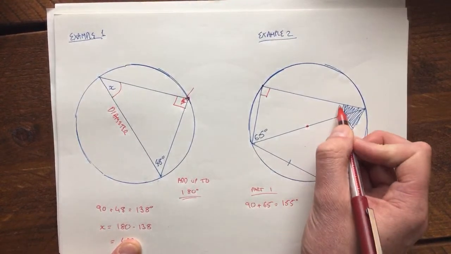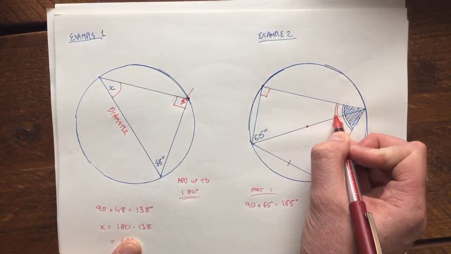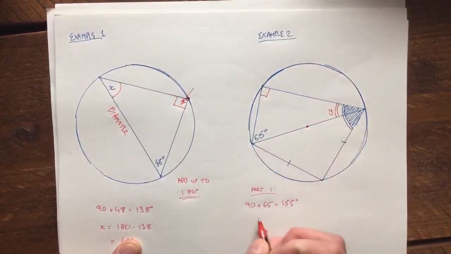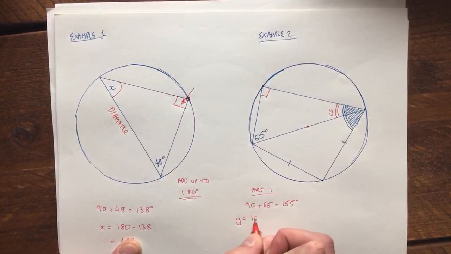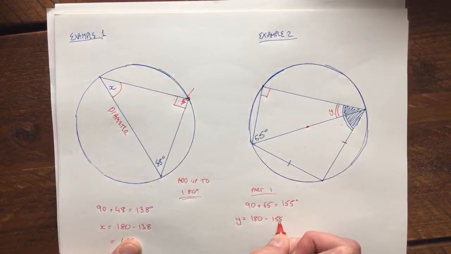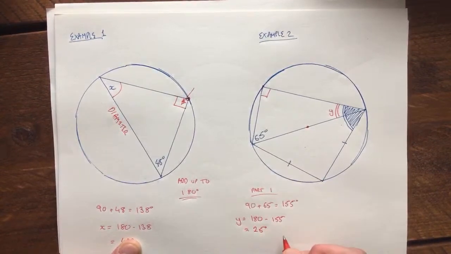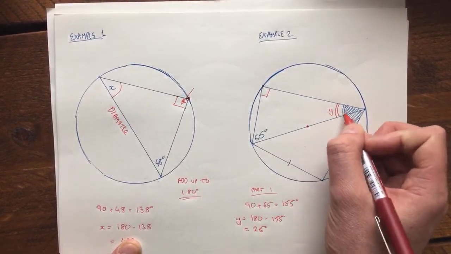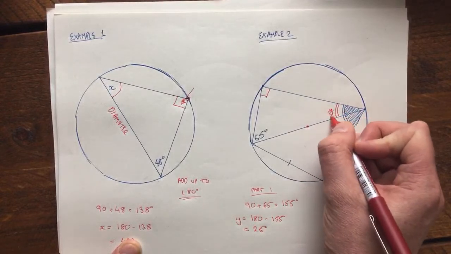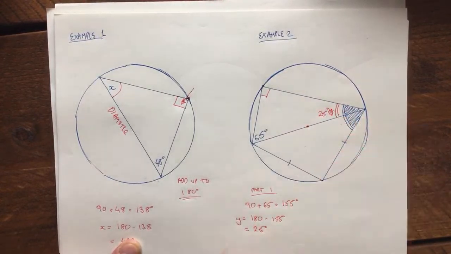Let's call this top part Y. Y is whatever's left from 180, so when you take 155 away, that's 25 degrees. So here, that Y is 25 degrees.